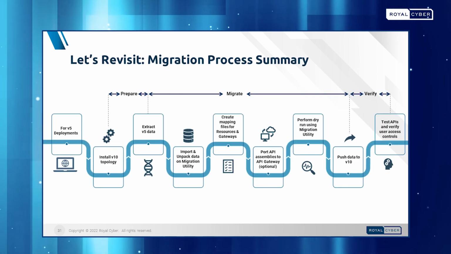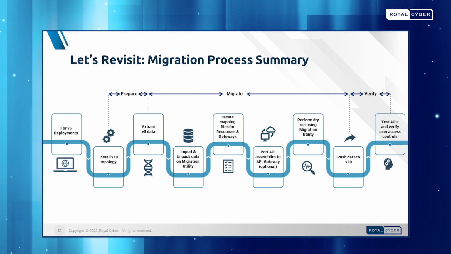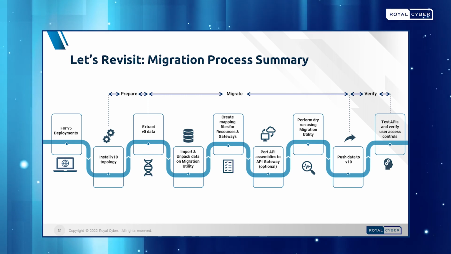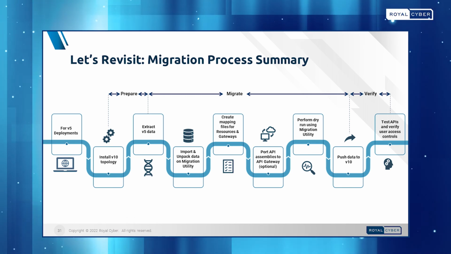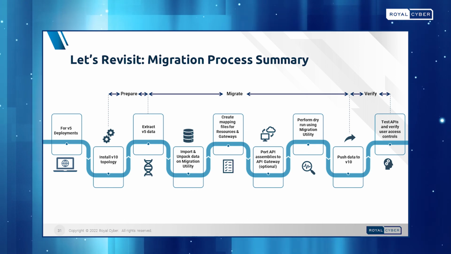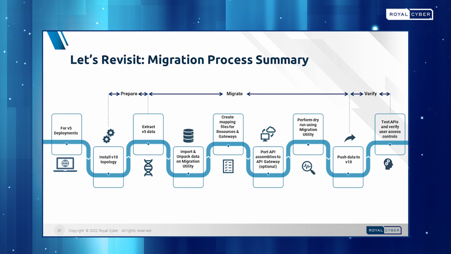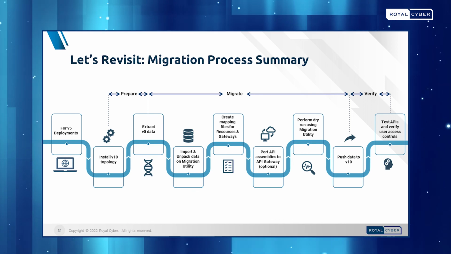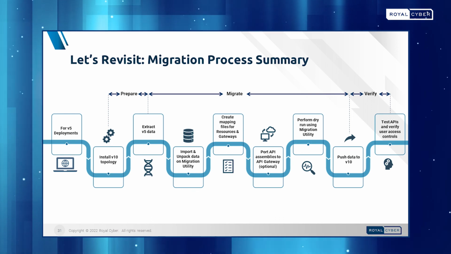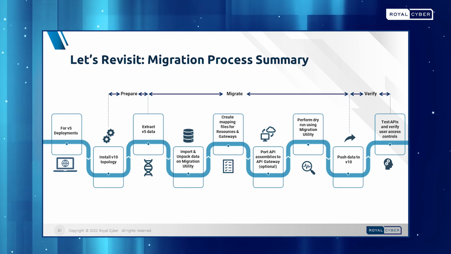So let's revisit the migration process once more. Like I said, it is 3 simple steps: prepare, migrate, and verify. Preparation is basically you extract V5. Like we mentioned, use mu tool, which does not connect directly to your V5. Extract those artifacts.